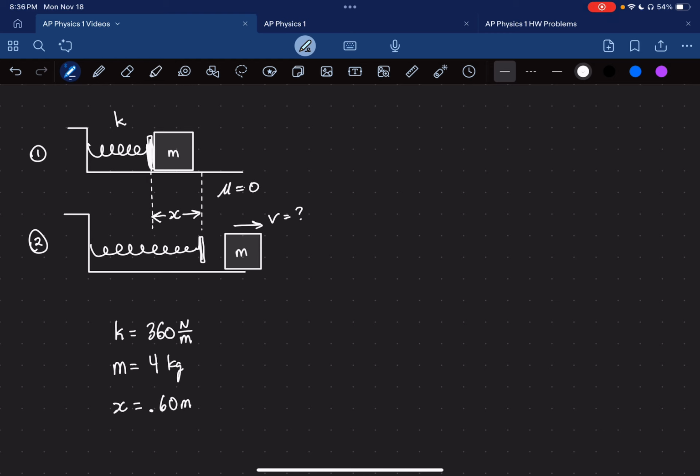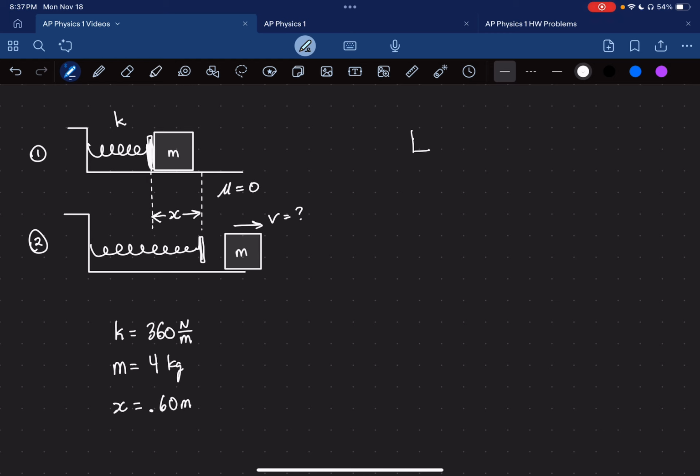There is no friction on this floor here, and so we can use the conservation of mechanical energy to figure out what is the speed of the block in position 2. Once we release the block and the spring decompresses, it's going to transfer some energy into that block there, and we can figure out what the speed is. The spring constant of the spring is 360 newtons per meter. The mass of the block is 4 kilograms.